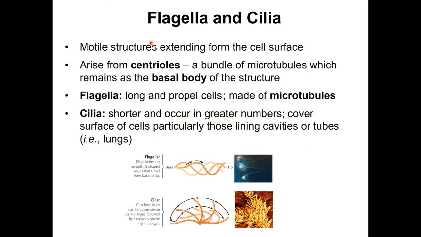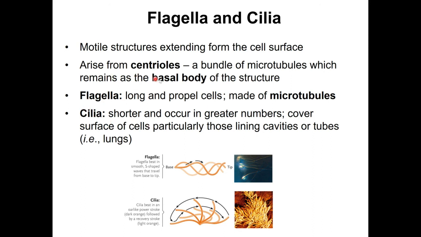The last structures are in continuity with the cytoskeleton. They are structurally related, but they are responsible for movement, both of the cells and of materials around the cells, and are referred to as flagella and cilia.